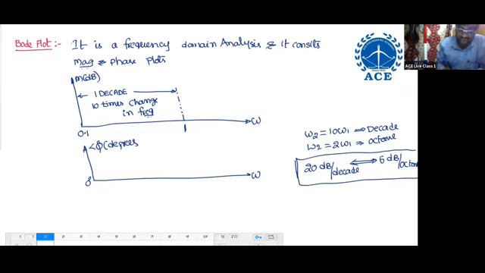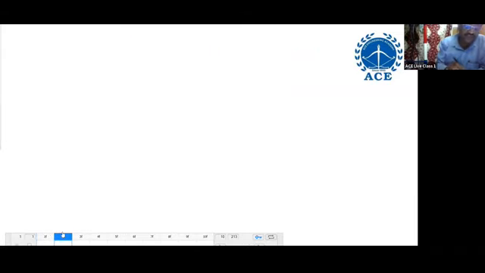Next, the procedure to draw the Bode plot.